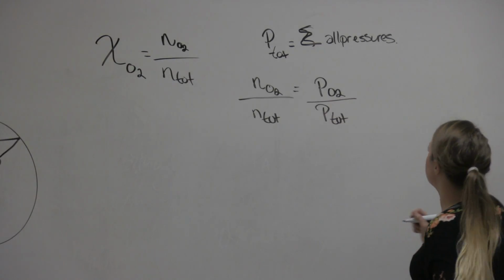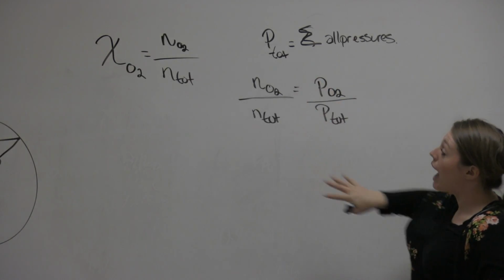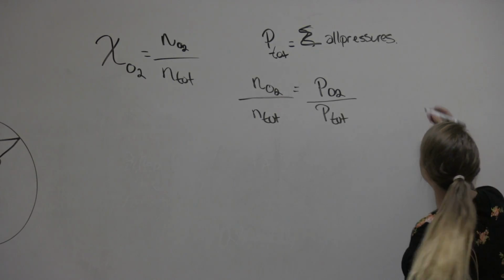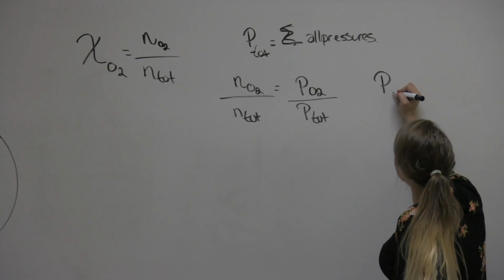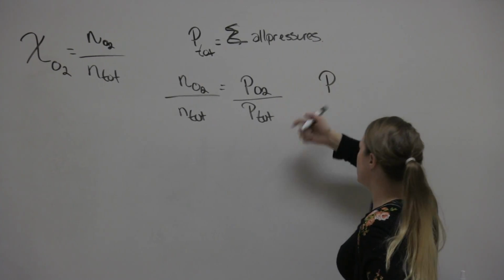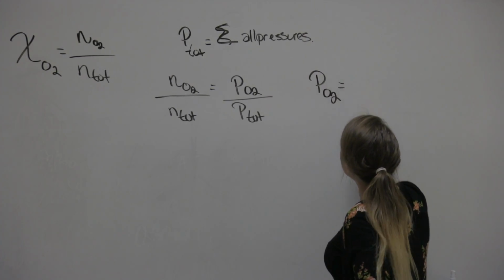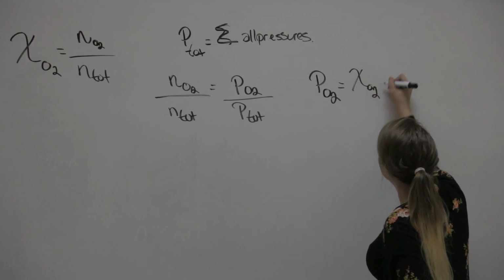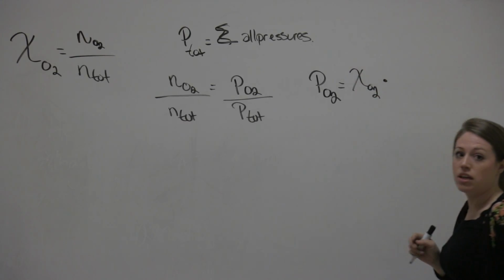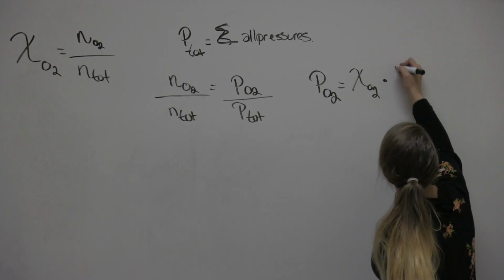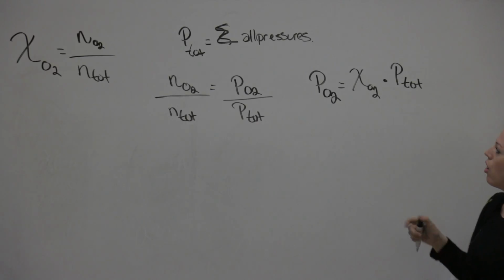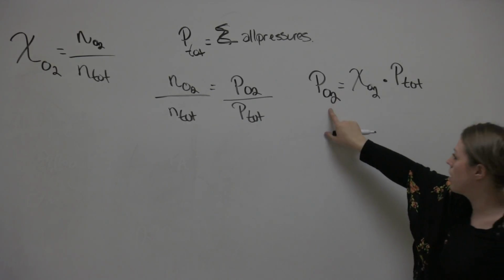The important thing is to find the pressure in a container, say if we're only given the amount of something, we can say that the partial pressure of whatever we want to solve for, here we're doing oxygen, will equal our mole fraction times the total pressure. Okay, this is going to give us our partial pressure of our individual gas.